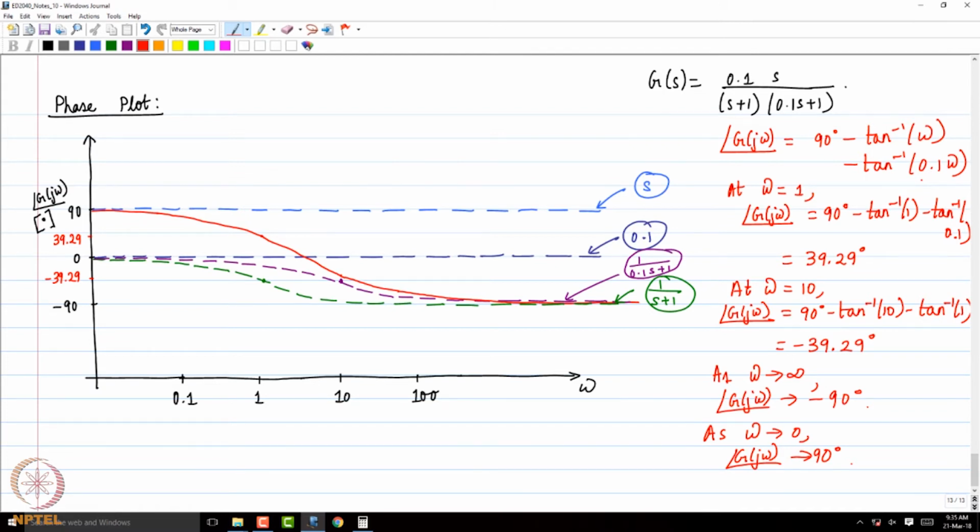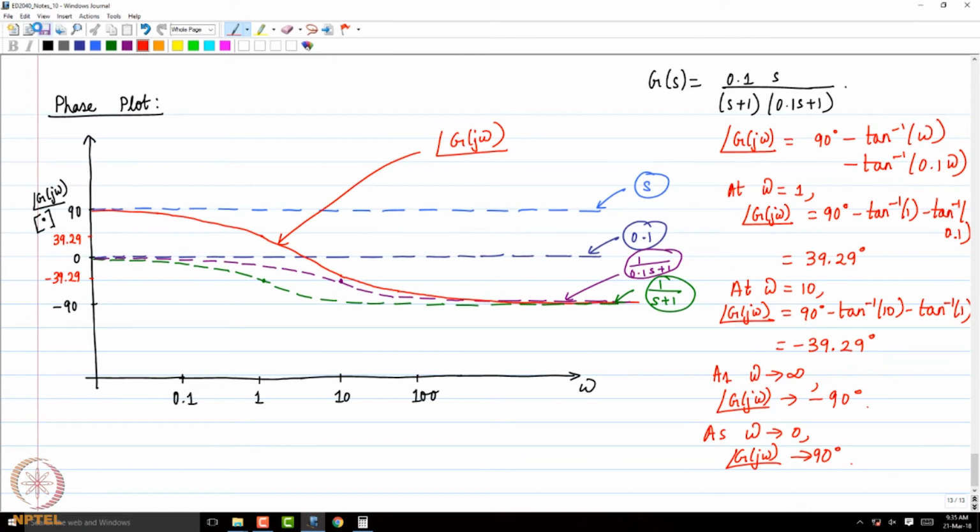So, you see that the phase curve goes from 90 to minus 90 in this manner, okay. So, this is the phase curve of this net transfer function. So, the red one is the phase of g of j omega. Okay, so that is the phase plot for this particular transfer function.